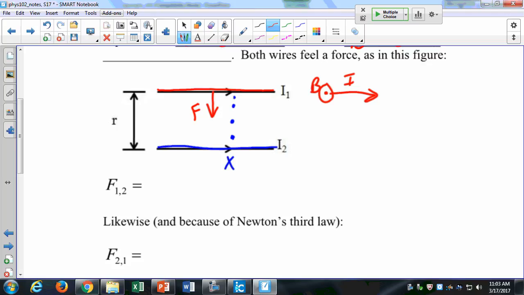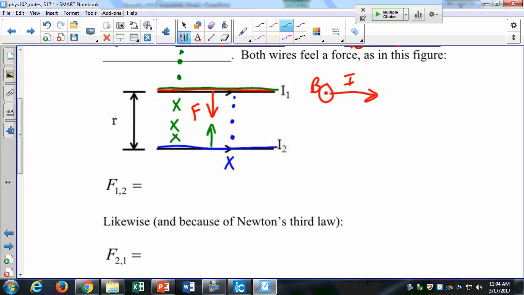This force then attracts this wire down to this wire. You can go through the same procedure for the other. This wire creates a magnetic field that is into the page, like that, out of the page on this side, and then the bottom wire, which has a current now in this magnetic field, will also experience a force up.